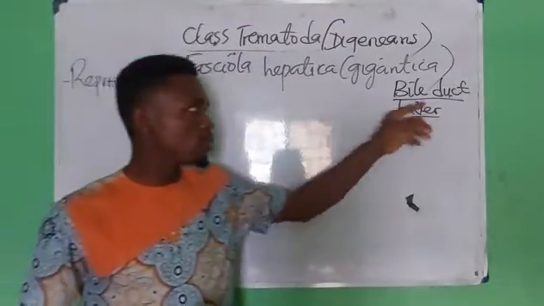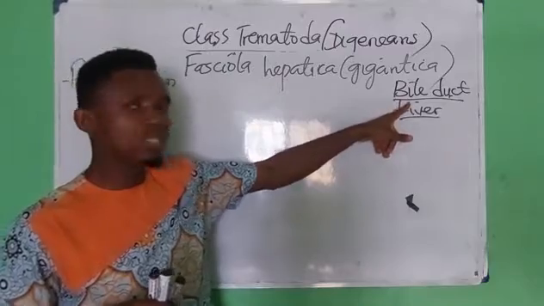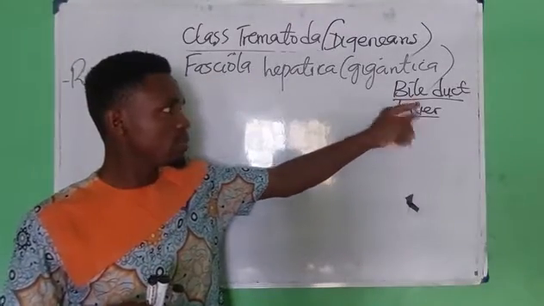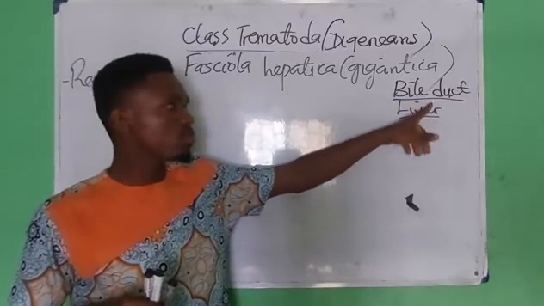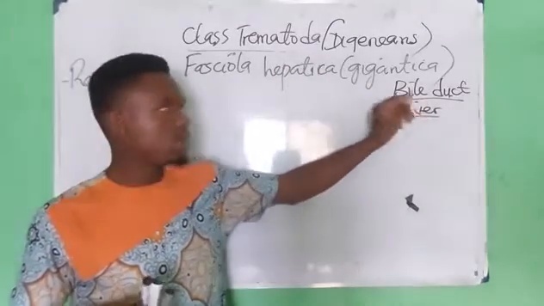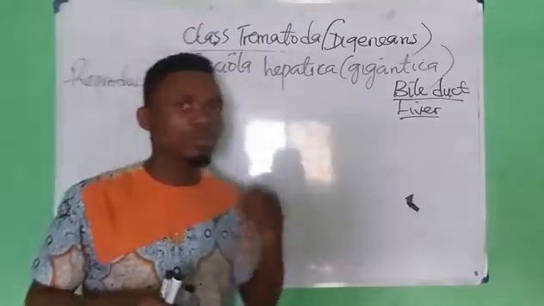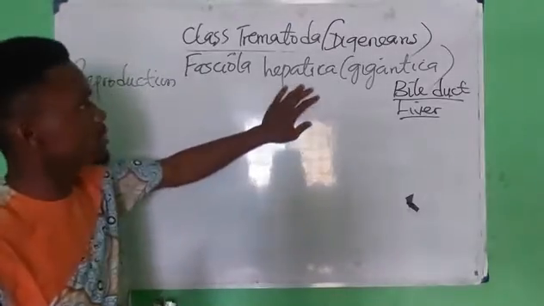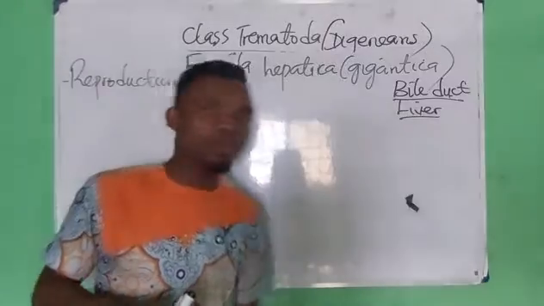The bile duct is that canal that is joined to the liver, and the structure that passes through the bile ducts to the gallbladder is called the bile. The bile is found stored in the gallbladder. What does it do? It helps in emulsifying fats. Take note that Fasciola hepatica is majorly found in the bile ducts and the liver of its host.